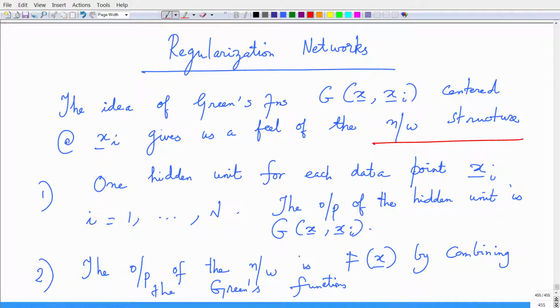There is one hidden unit for each data point xi, i equals 1 to n, and the output of the hidden unit is basically g of x comma xi, and the output of the network is this function f of x, obtained by combining these Green's functions that are centered at the data points.